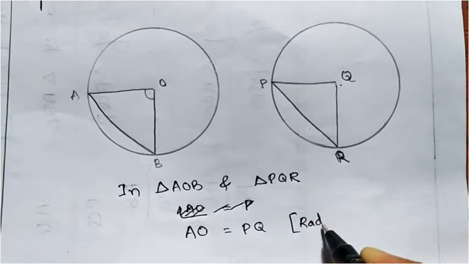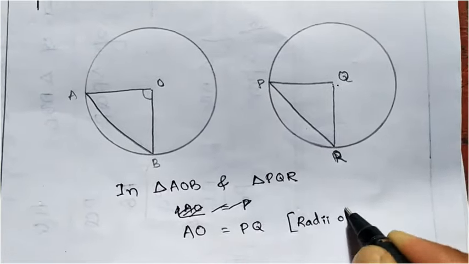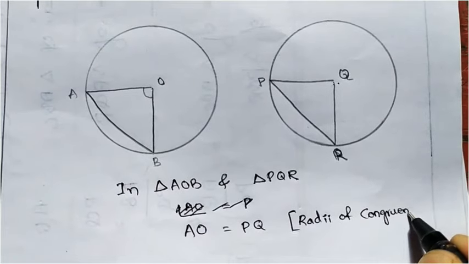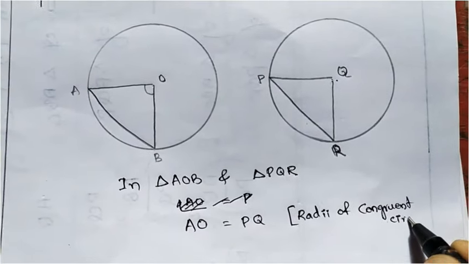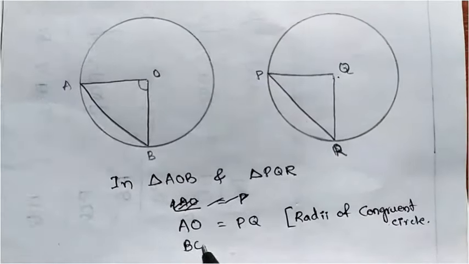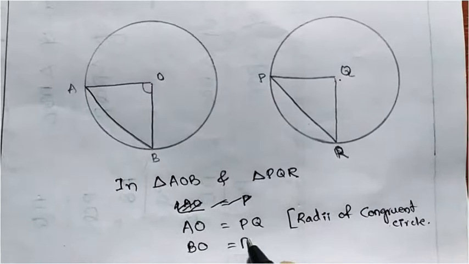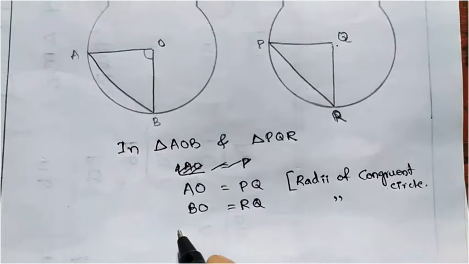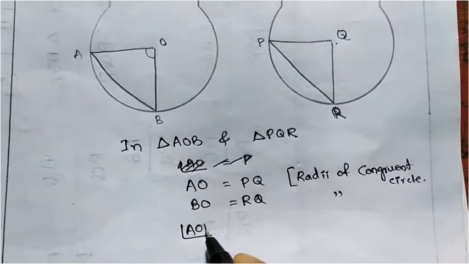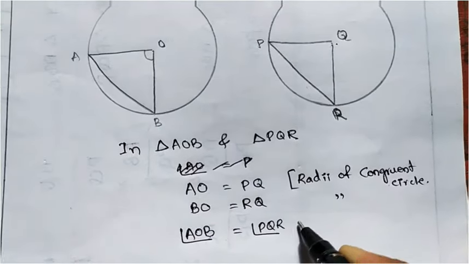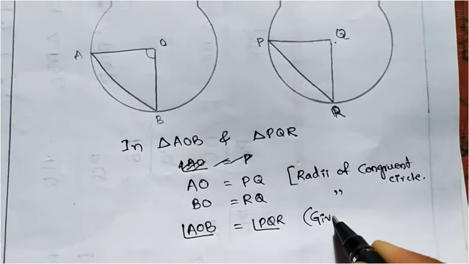Radii of congruent circles. Similarly, BO equals RQ, that is also the same, radii of congruent circles, and they have given that the angle at the center, angle AOB, is equal to angle PQR. That is given.